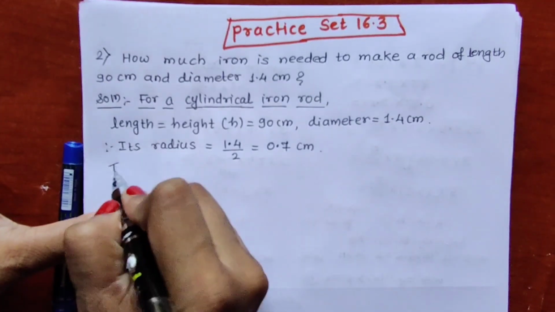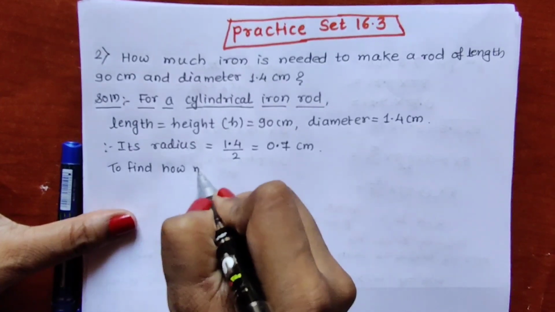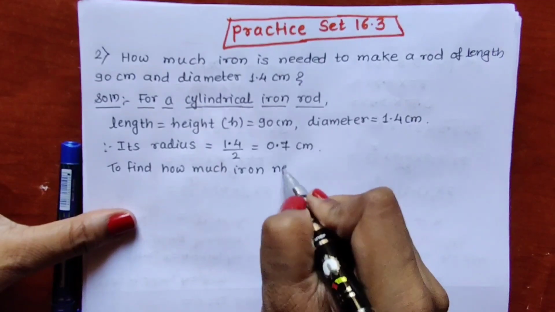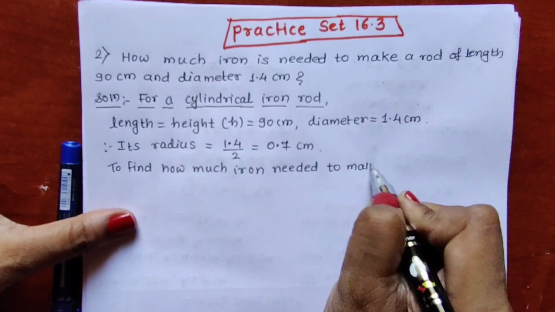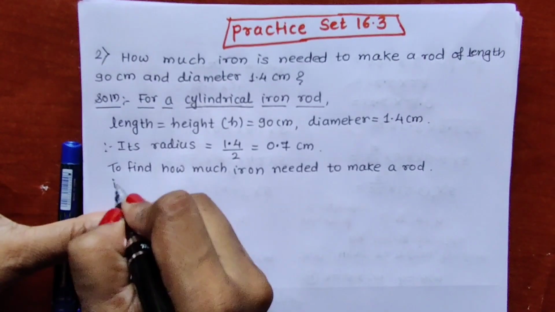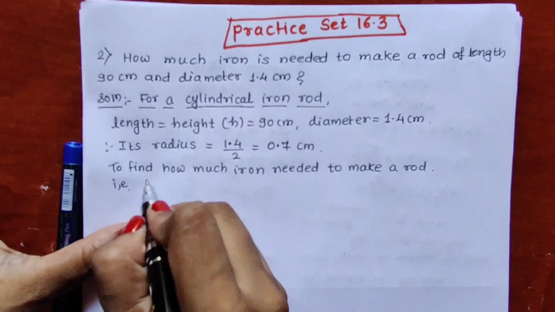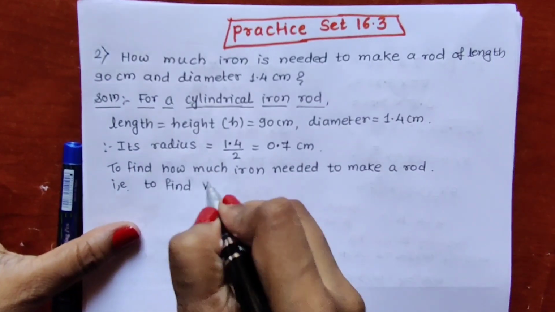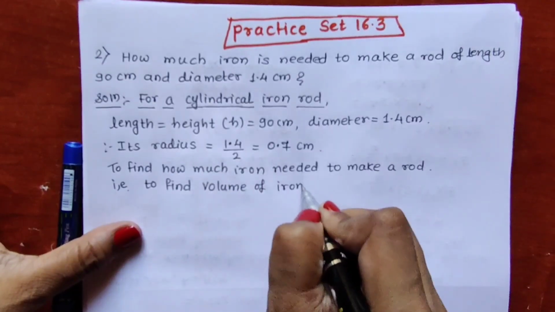So to find how much iron is needed to make a rod, that is, to find the volume of the iron rod.